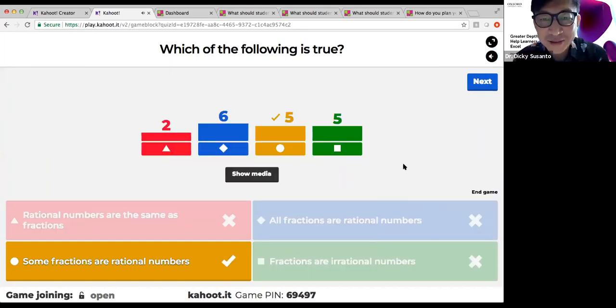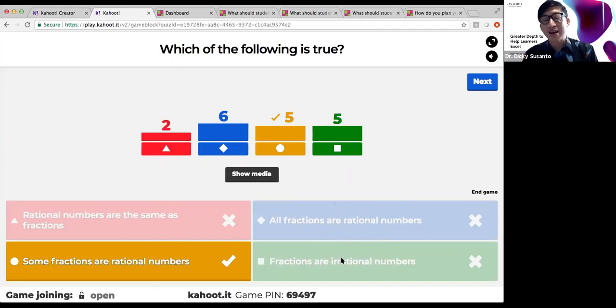Okay, wow, we see quite a spread of answers. The majority answer is actually the second one, all fractions are rational numbers. A few answered some fractions are rational numbers, and the same number answered irrational numbers.